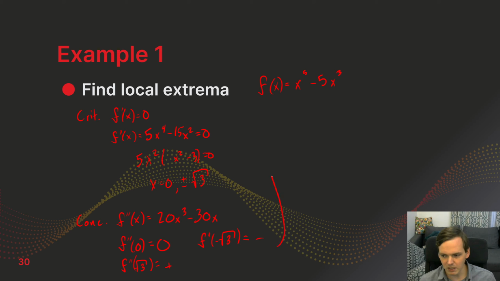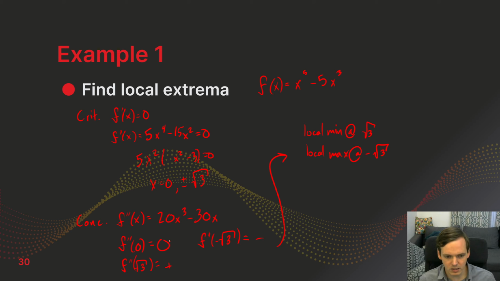But that ultimately means that we have a local minimum at square root 3, a local max at negative square root 3, and we don't actually know what's happening at 0, so we need to test further.